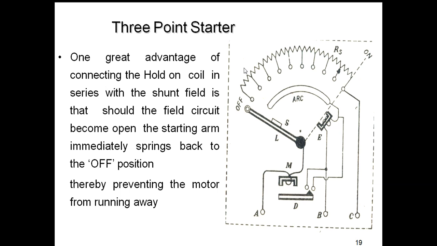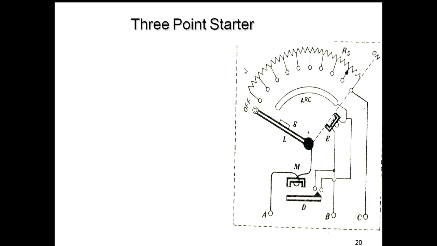The great advantage of connecting the hold on coil in series with the shunt field is that should the field circuit become open, the starting arm immediately springs back to the off position, thereby preventing the motor from running away.